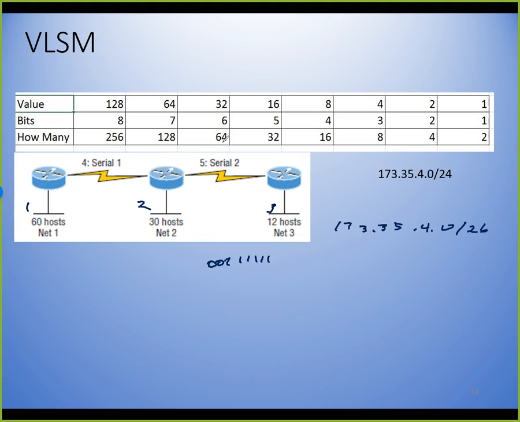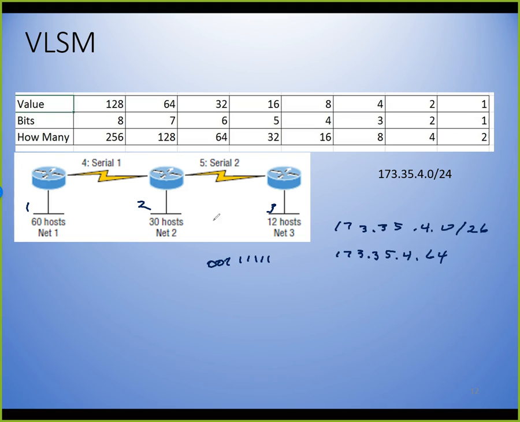Since we used 6 bits for host, we have to take out the 64 addresses that we use there. So the next network will start with 173.35.4.64, because our increment was 64.